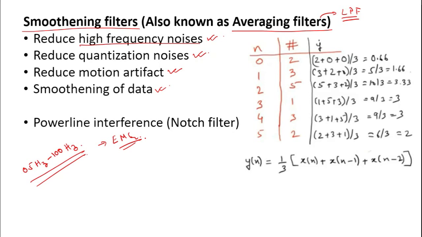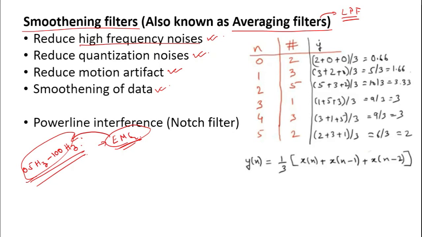Now our ECG signal has a frequency range of 0.5 hertz to 100 hertz. Even if we apply some filters, it is possible that EMG signals, which are high frequency signals just above 100 hertz, may creep into the ECG signal, because we are using surface electrodes to acquire it.